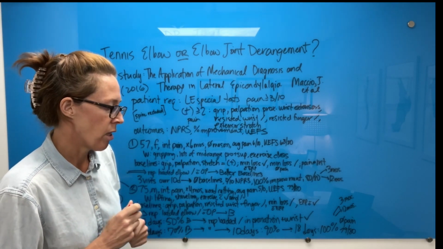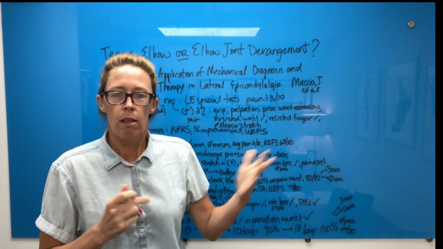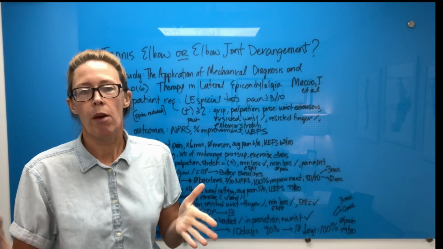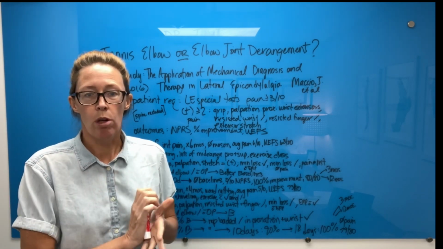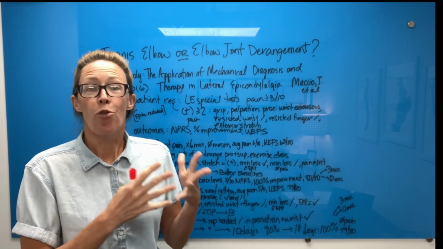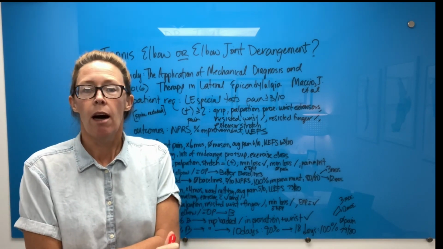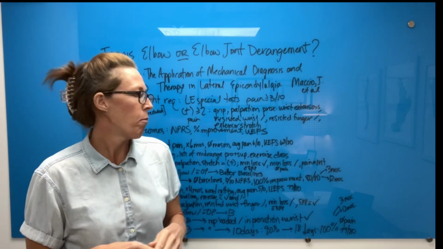And then he eventually got to where he was, doing well. But it was a longer course because tendinopathies can respond more slowly. So after the joint was addressed, they started to address the wrist extensor tendon, and that took a longer course to get better.